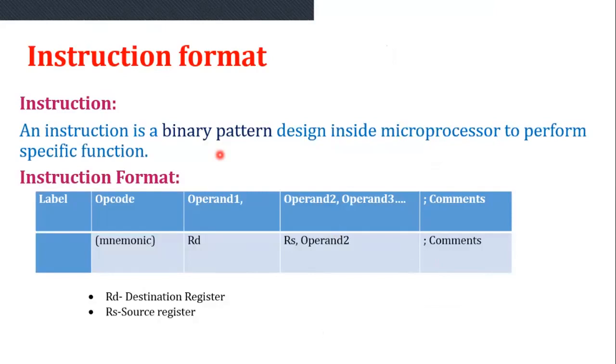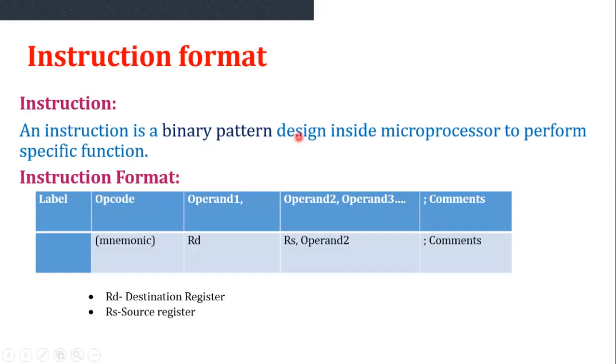This is called machine language. To make the system understand it, we write the instruction. For example, if any function like addition or subtraction needs to be performed, it should be represented through one binary pattern, which is called an instruction.